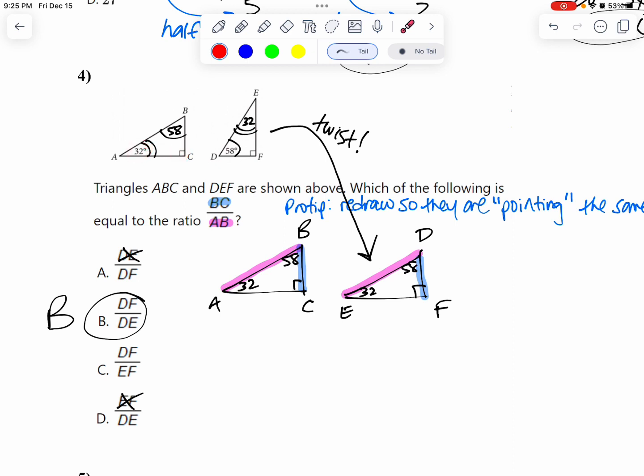And I also know that if this is 58, this is 32, because again, they're supposed to add up to 180, right? And this is 90. Okay, so I have double swooped the 32 to mark that equal, and I have single swooped the 58 to mark those equal. But here's a pro tip for you.